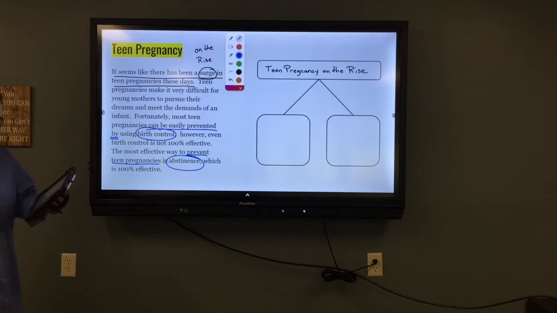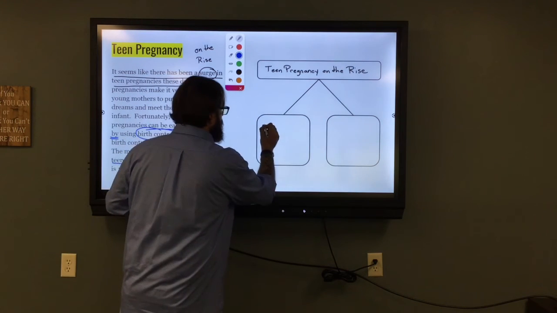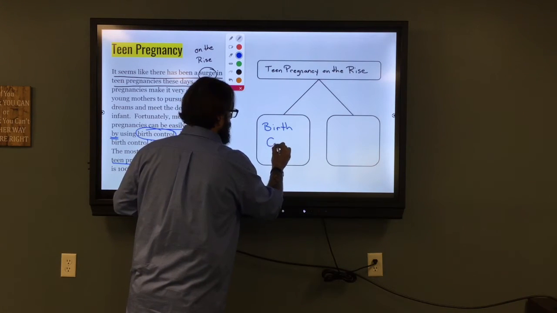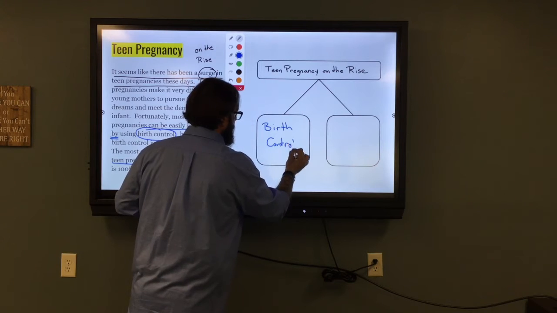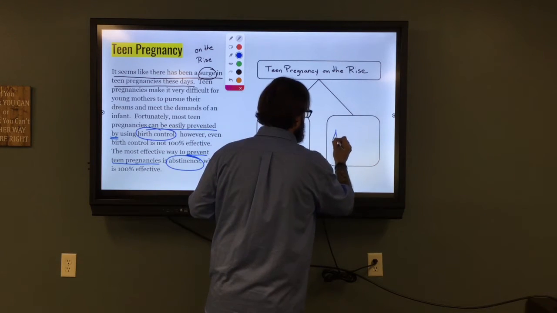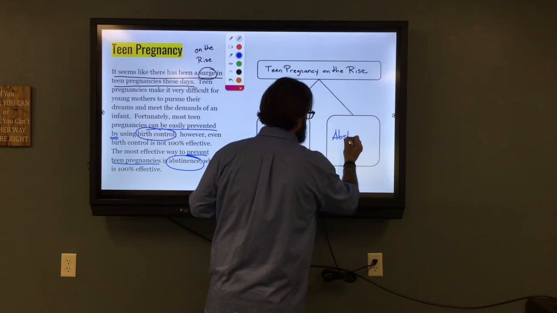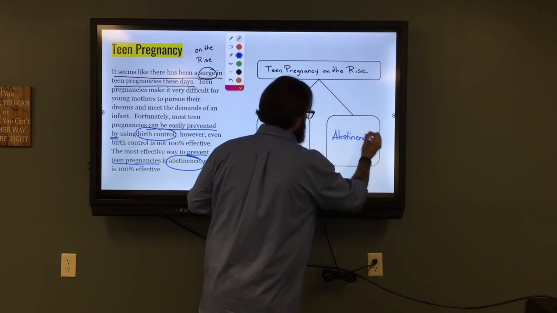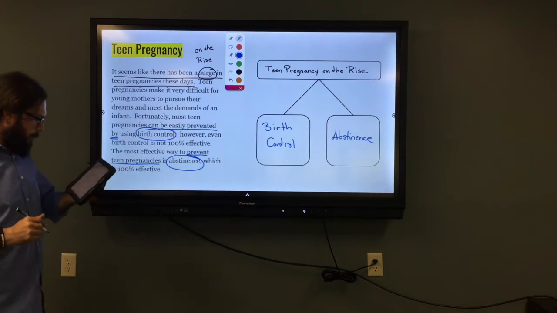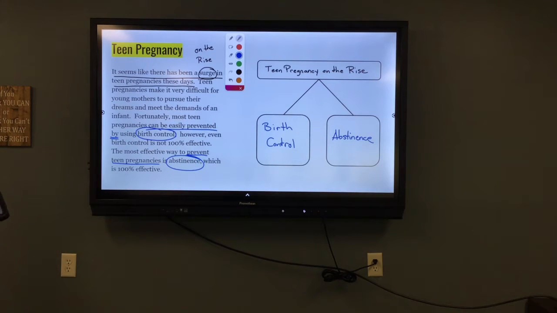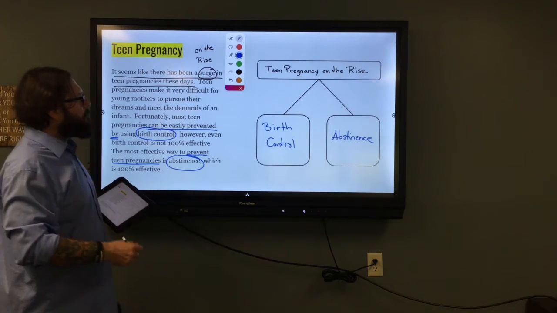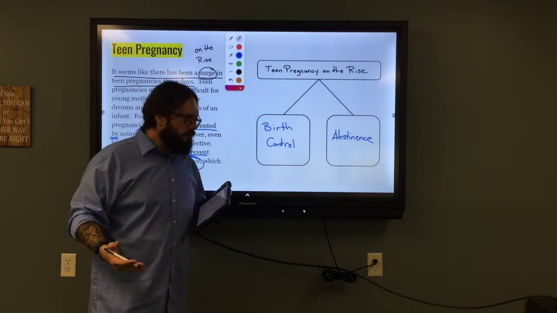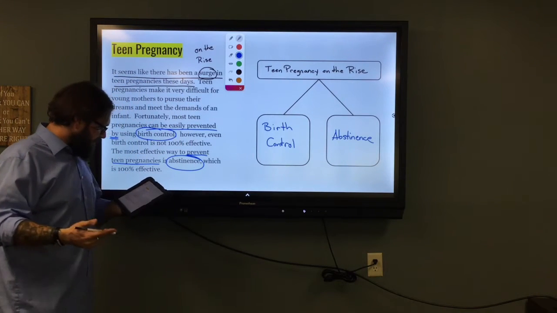Okay, so in this situation, the two solutions that are offered are birth control and abstinence. All right, so problem, teen pregnancy on the rise. The author presents two solutions, birth control and abstinence.